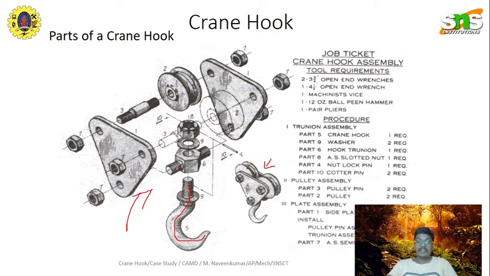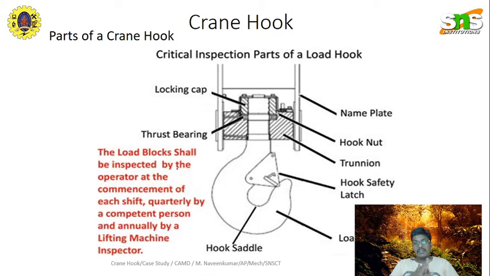It contains a lot of parts: locking cap, thrust bearing, where the bearing is used to rotate the hook through 360 degrees, the nameplate, and the hook nut, which is used to engage it.